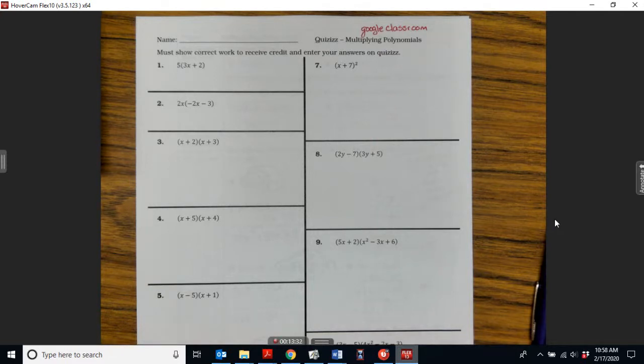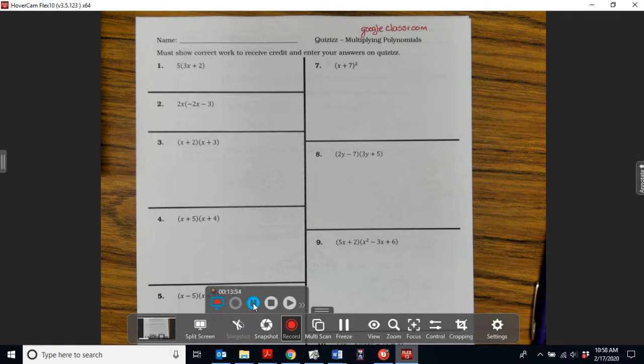Also, use your calculator to check your answer, because if you use your calculator, you should be able to get them all correct. Okay? All right, so this is counting as a grade today.